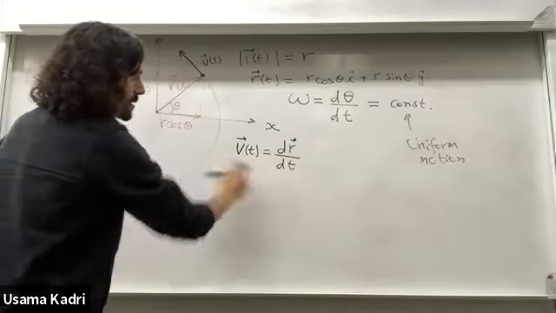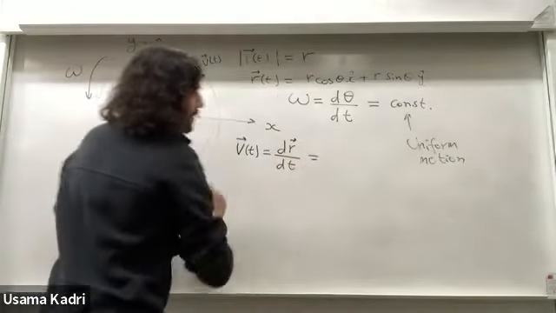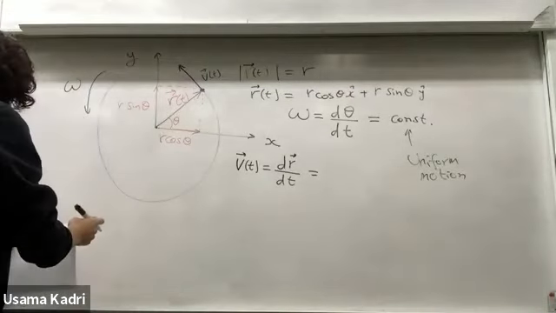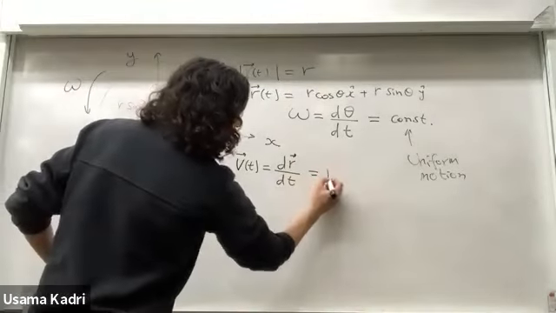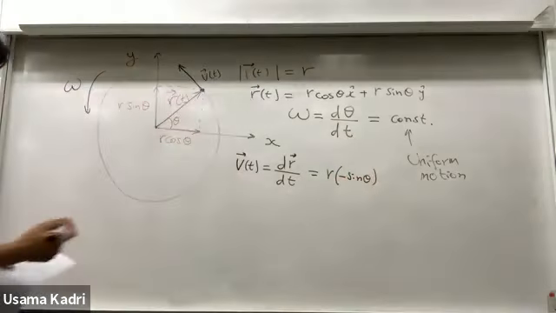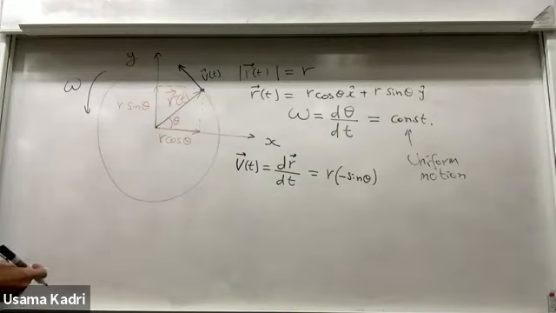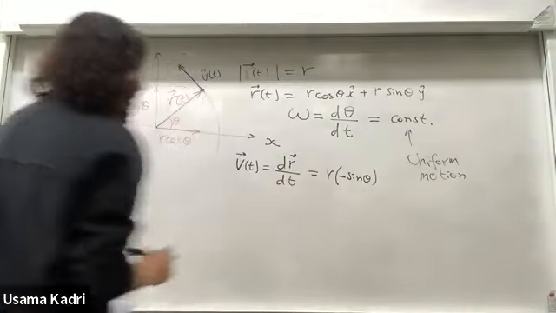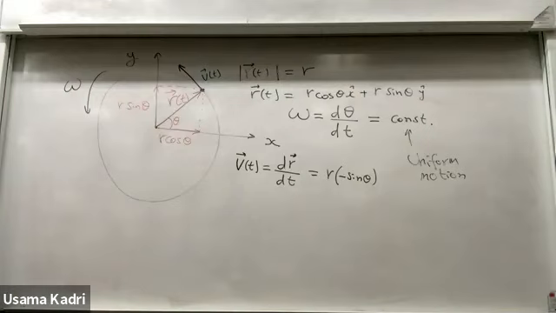I take the derivative with respect to time, and it's easy to see that. So you have r times minus sine theta. Something is missing.